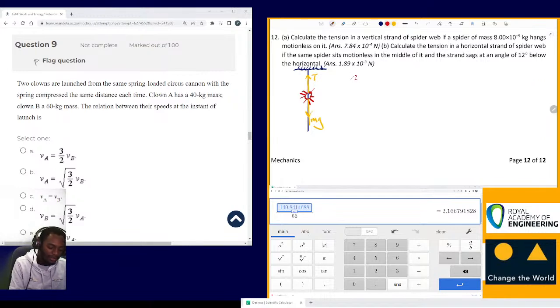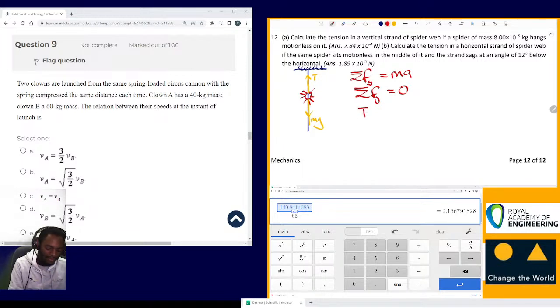So remember, summation of forces in the x is equals to ma. Is there any indication that this body is accelerating? We're told that it's stationary. So this should be equals to 0. And let's sum the forces that we have.